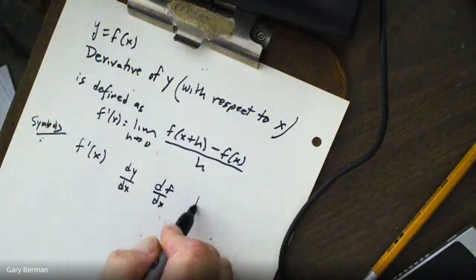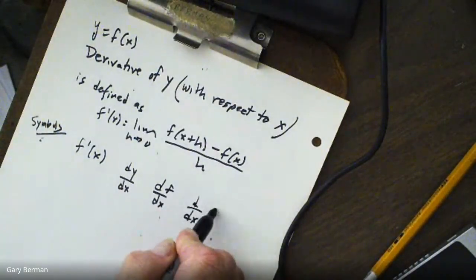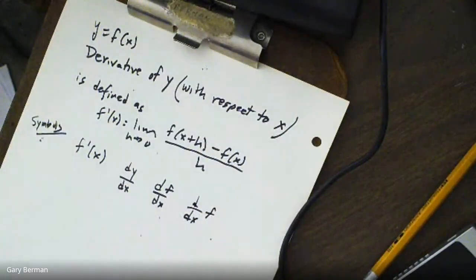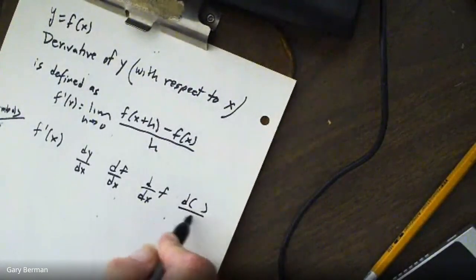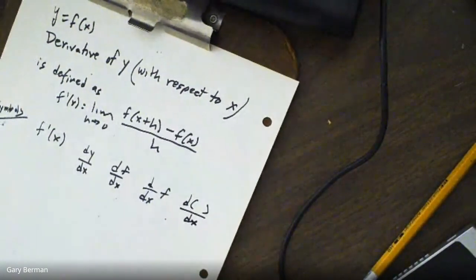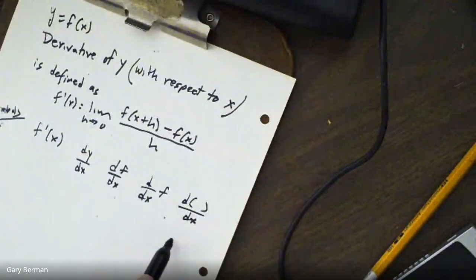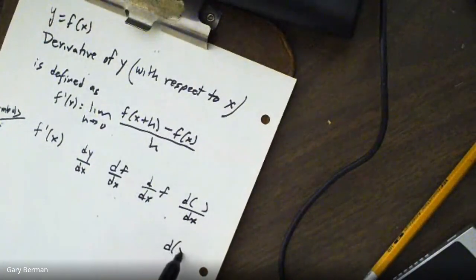We sometimes write d dx and put the f out there. And sometimes we would actually put the function right after this d on top. Like if I wanted to indicate the derivative of x squared, sometimes we actually just write the x squared right in there.